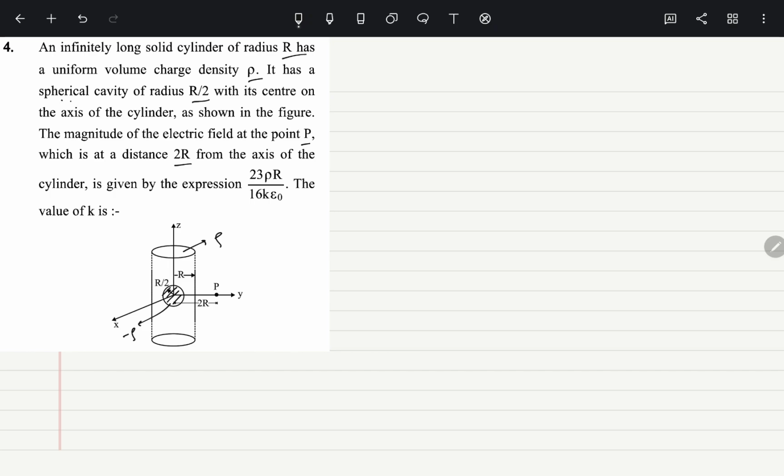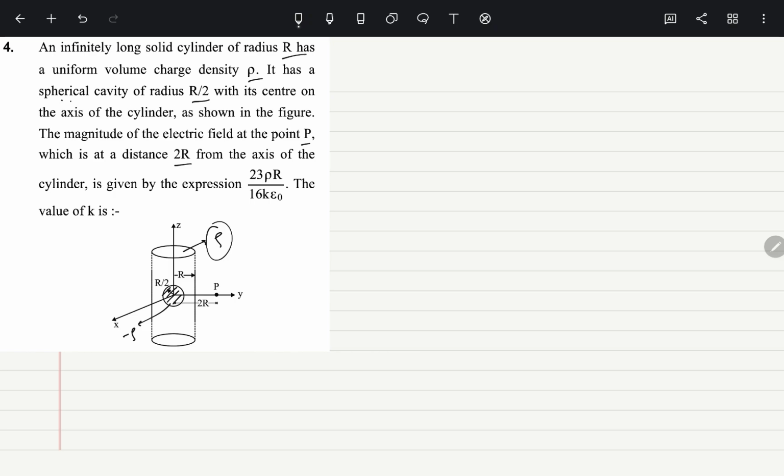First of all, I need to write the electric field in terms of rho. I hope you know the formula, but I'll show you how to get it. Basically, the formula we usually use is 2k lambda by r, but here we use the electric field formula in terms of rho, so we can take the help of Gauss law.